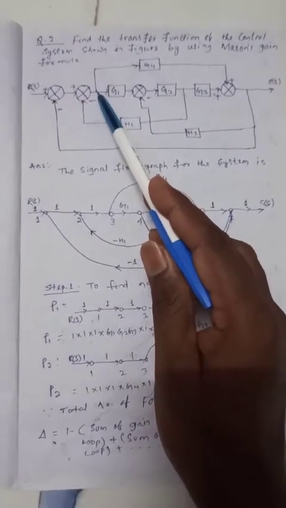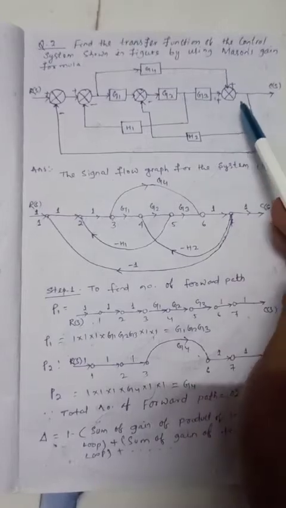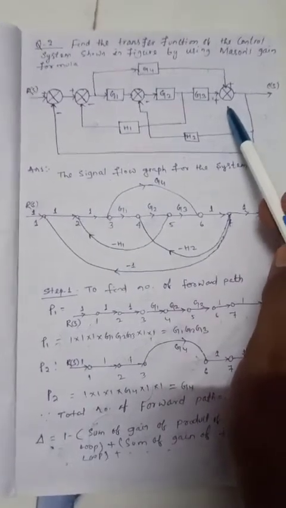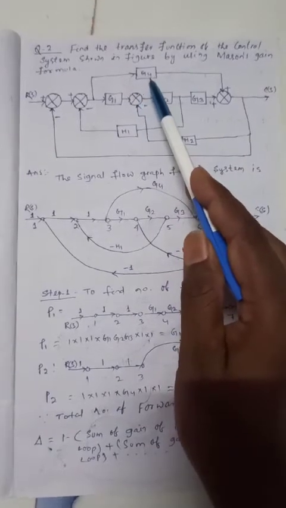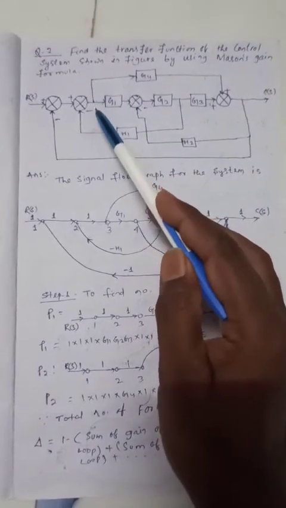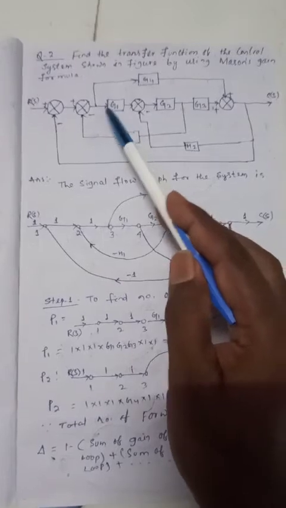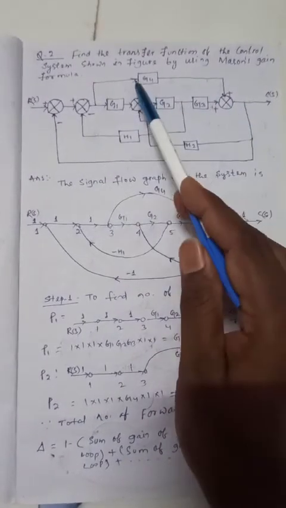This node point is connected to summing point number 6 with the gain of G4. So this is constructed from 3 to 6 with G4.